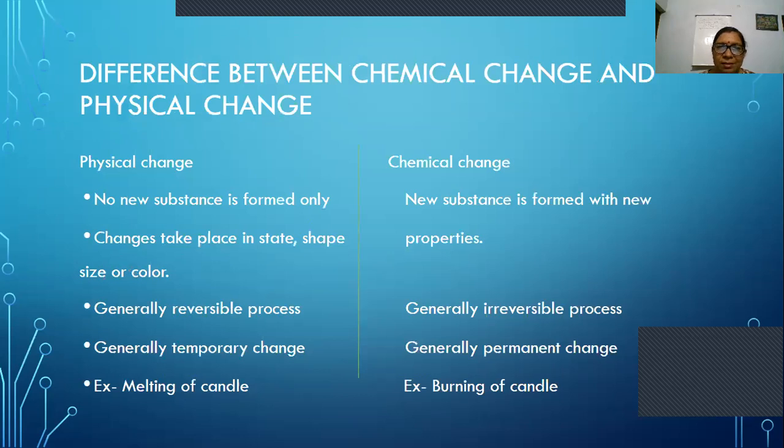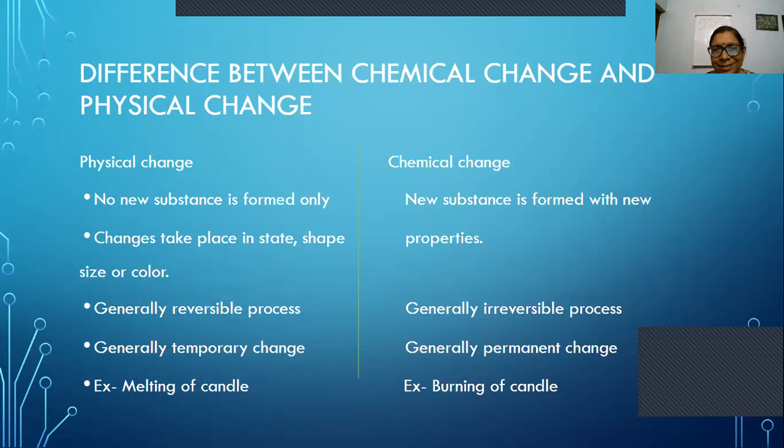So next is the difference between chemical change and physical change. All of you are aware of this, but here once again we repeat this. In physical change, no new substance is formed, only changes take place in state, shape, size or color.